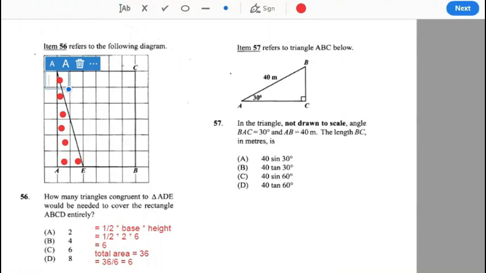So to get how many triangles, it will be 36 divided by 6. Yeah, you get the idea. So it's 6.